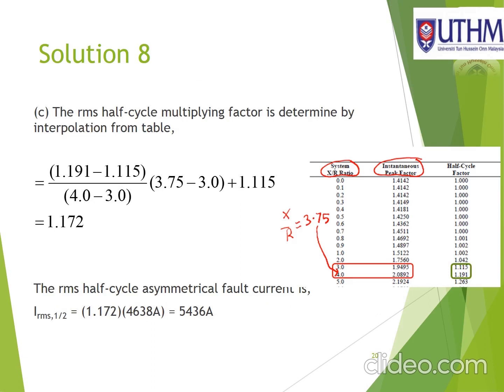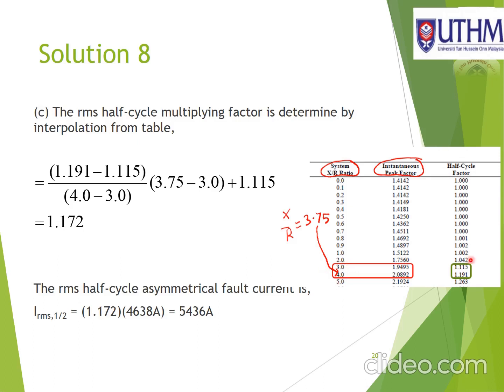Next is question C. We have to calculate the RMS current for half cycle. First we have to determine the factor for half cycle. Using the same method, referring to the table, we have to refer to the half cycle factor, still for X/R ratio 3.75, between 3 and 4.